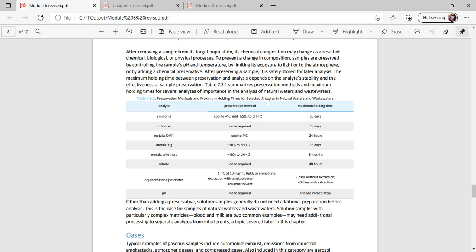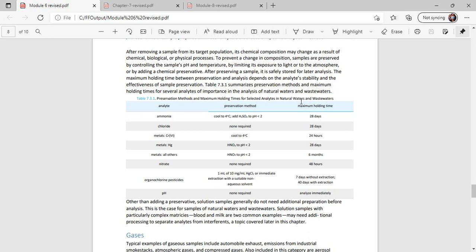You have preservation methods for your ammonia. Cool it to 4 degrees Celsius and add H2SO4 to sa itong nga pH that is less than 2. Then, maximum holding time niya, or at least time mo before siya ma-expire or madula ng effectiveness ng imong preservation, is 28 days.